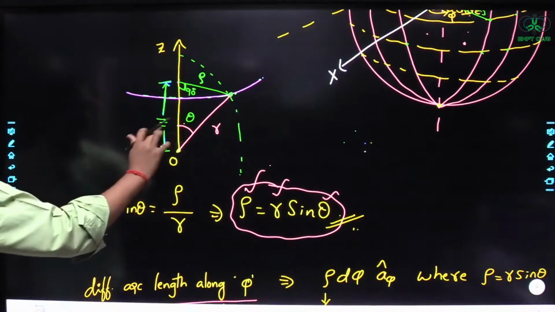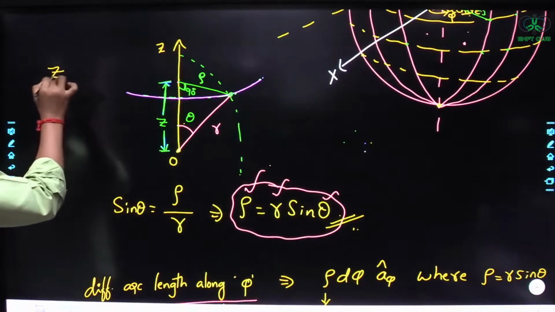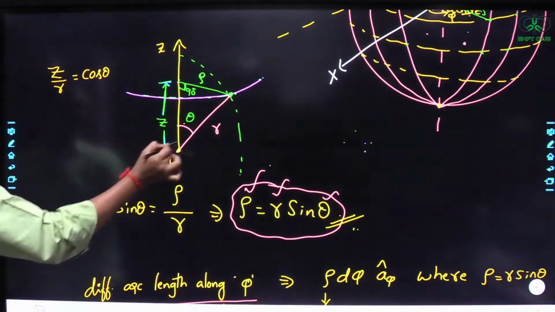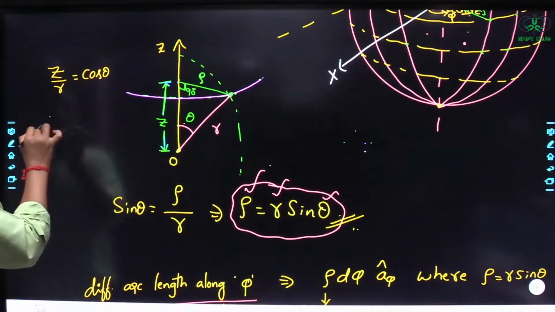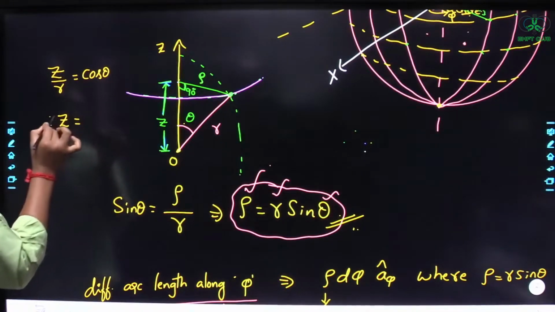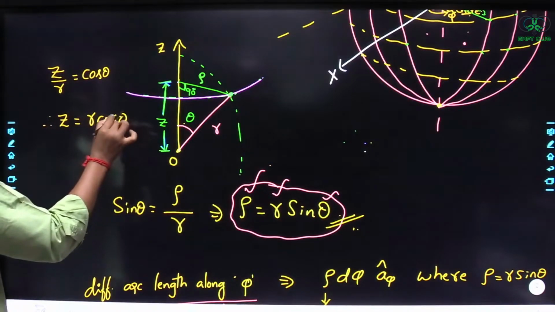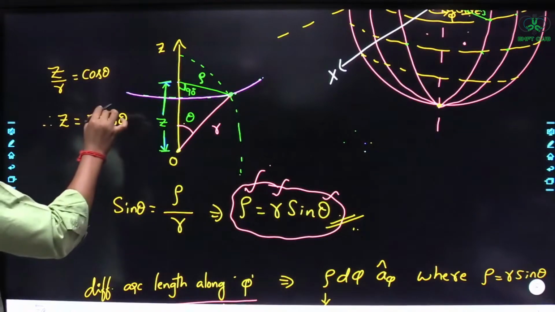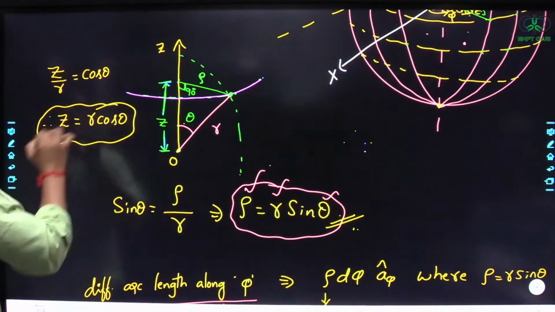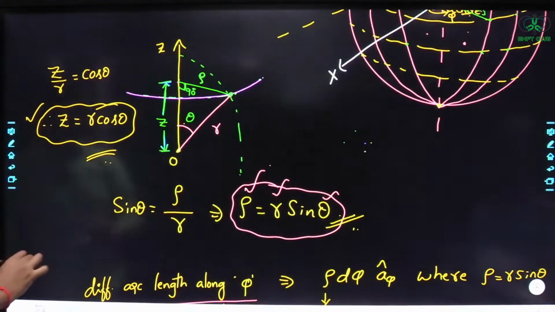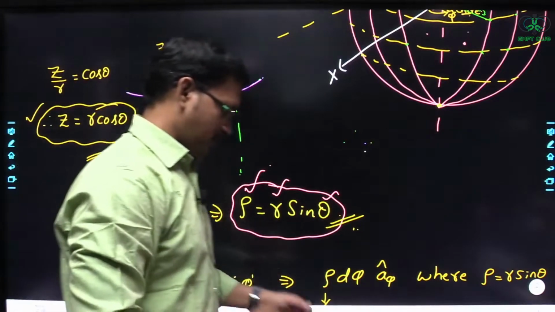So z by r is equal to cos theta, adjacent side by hypotenuse. Therefore, in the spherical coordinate system we can replace z with r cos theta. Note this point also: rho is r sin theta whereas z is r cos theta.